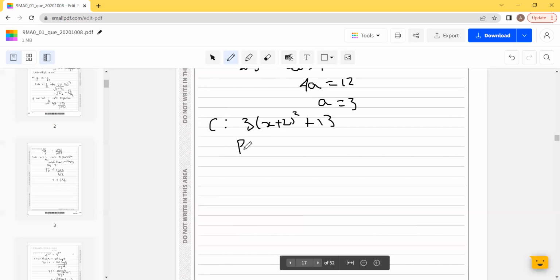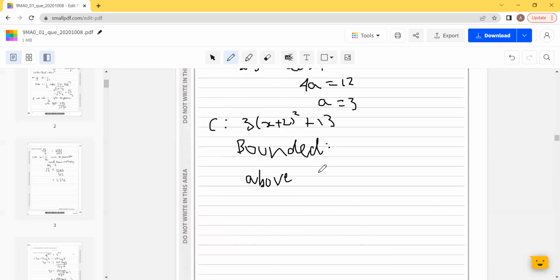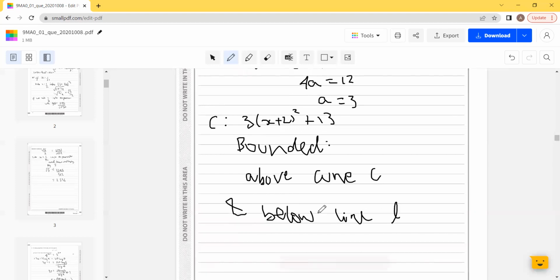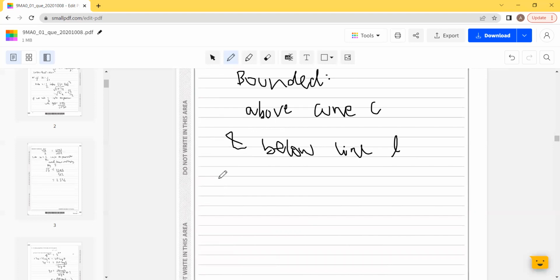So it's bounded above curve C and below line L. So we can say that 3 times (x plus 2) squared plus 13 is less than y, which is less than 6x plus 25. And that is how we do this question.